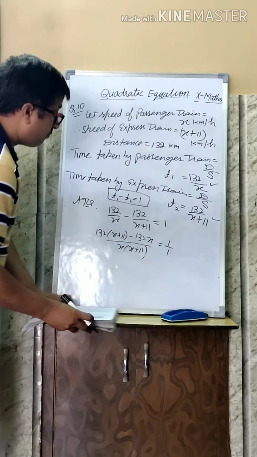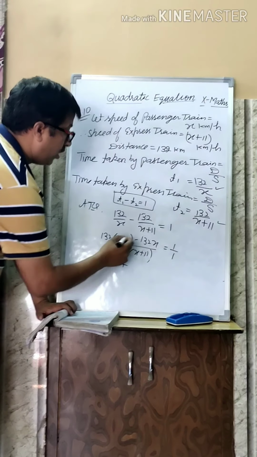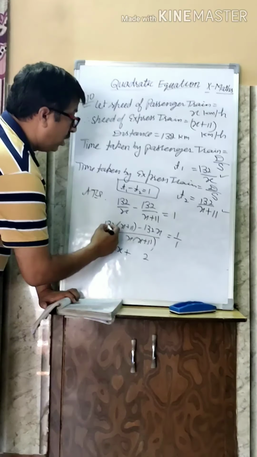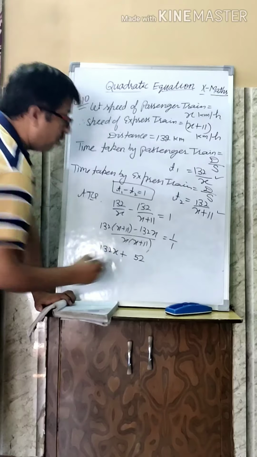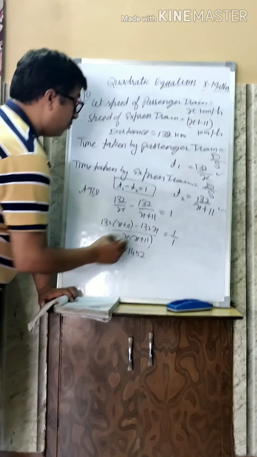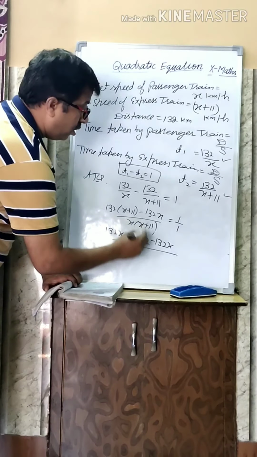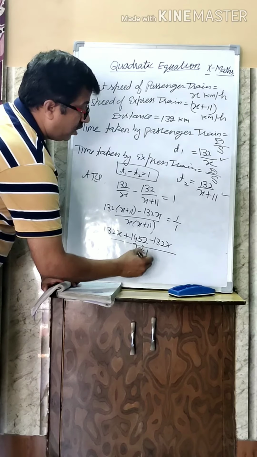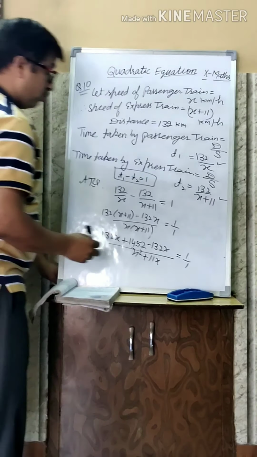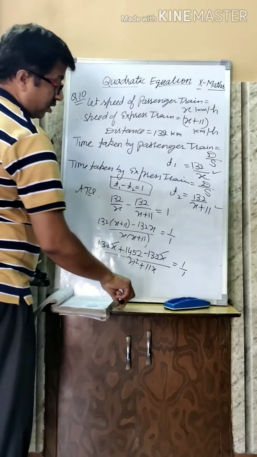So again you see, 132x and 11 into 132 is 1452. So 1452 minus 132x upon x into x plus 11, that is x square plus 11x, is equal to 1. So you see 132x minus 132x cancelled.